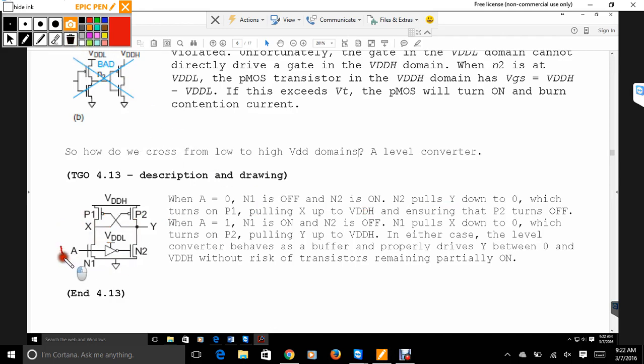Here's what happens when A is 1, so that's the opposite value, right? That means that N1 is on, so X is going to be 0. We're going to have a strong 0 on the output there, and that's going to put 0 here. That means P2 is on, which means Y is going to be 1 on the output.